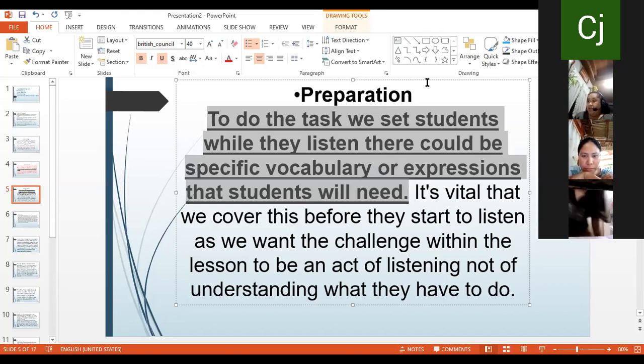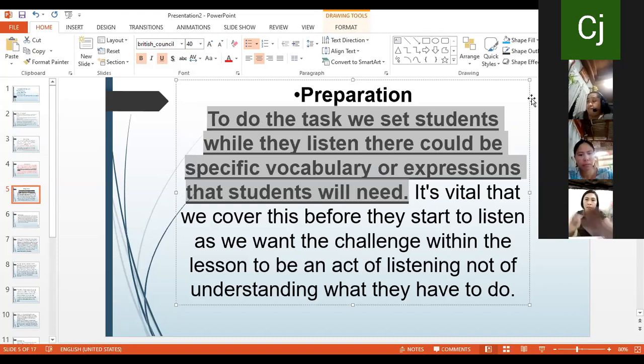Before listening, make sure that you provide activities for your students, or you provide vocabulary words.